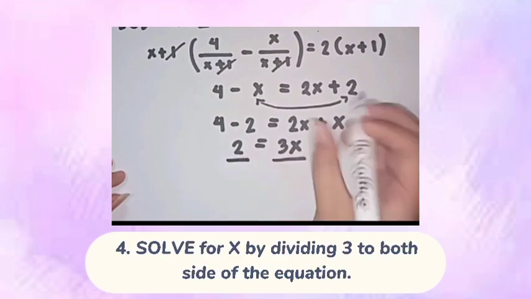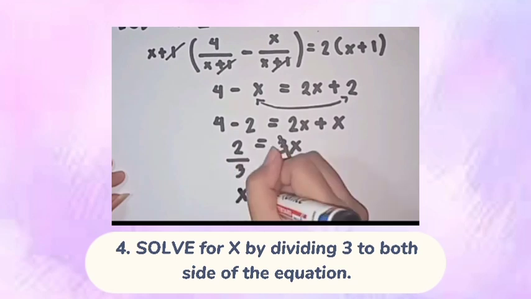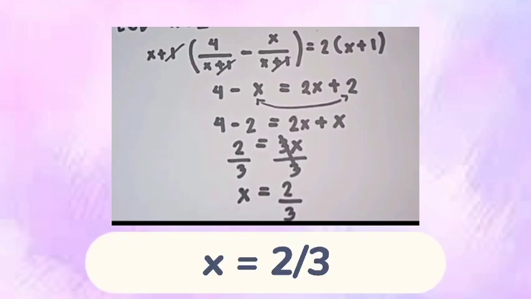In order to remove 3, we need to divide 3 on both sides of the equation. So, we have x is equal to 2 over 3. Therefore, the value of x in this rational equation is simply 2 over 3.